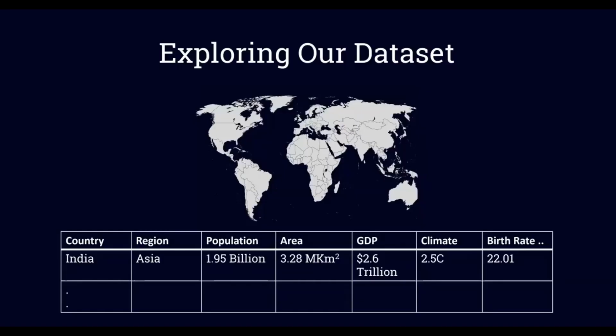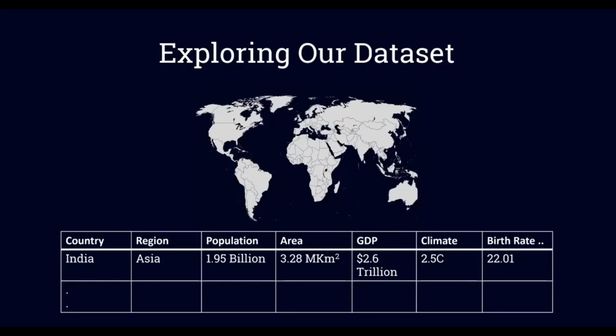So let's explore today's data set. Today's data set is comprised of 227 countries. We'll be having features of those countries, such as the region in which they are located, their population, their area, their GDP, and the climate in which they are.